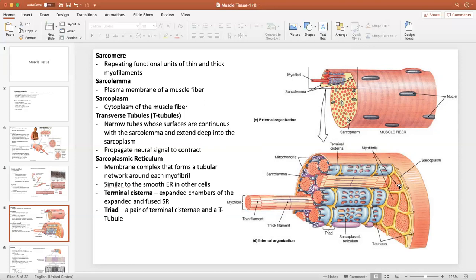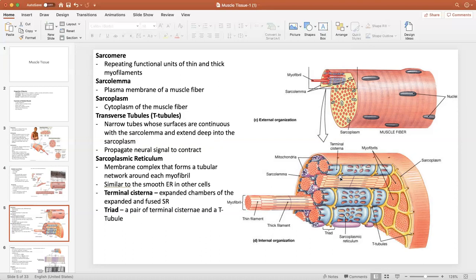Around each of these sarcomeres, these repeating functional units, we have the blue thing here, the sarcoplasmic reticulum, and the connection from the sarcolemma to the sarcoplasmic reticulum, these yellow tubes, are called transverse tubules or T-tubules.